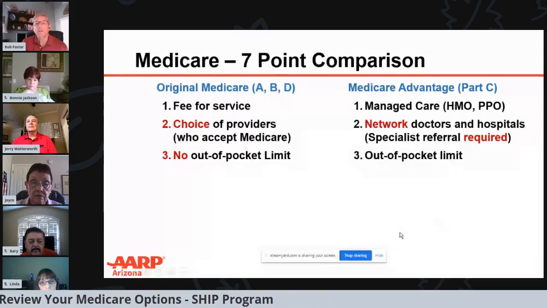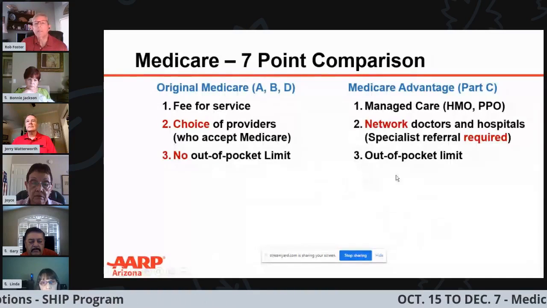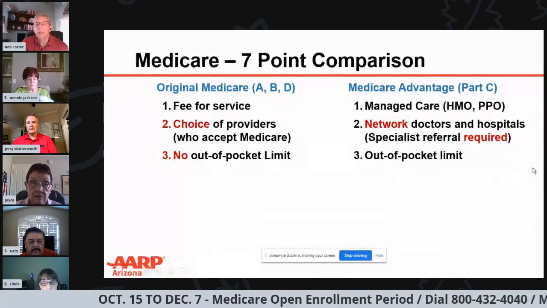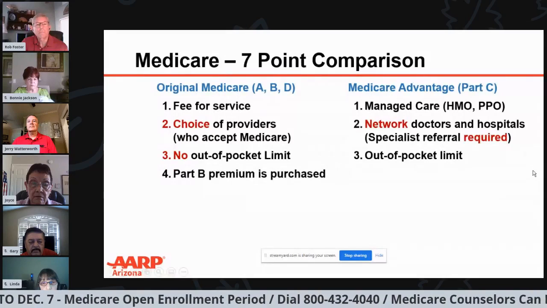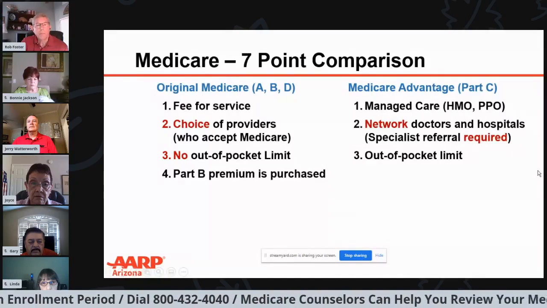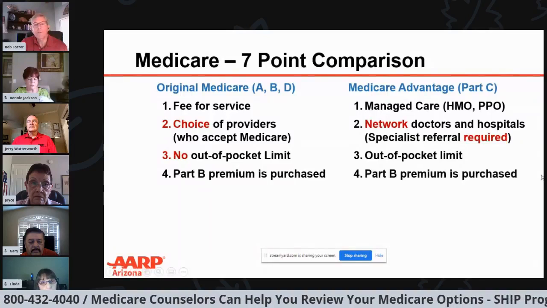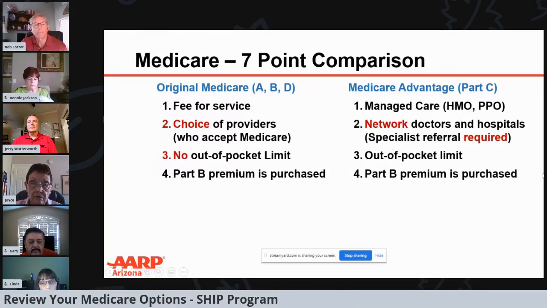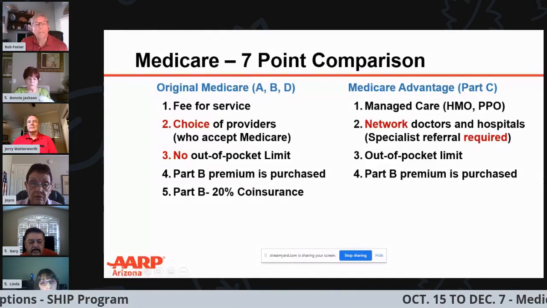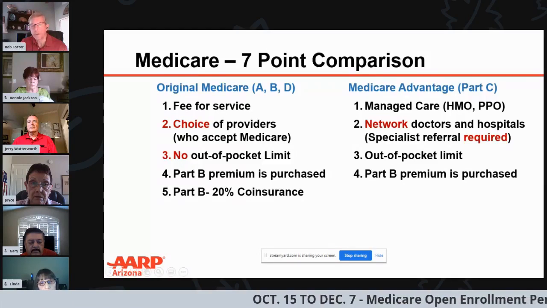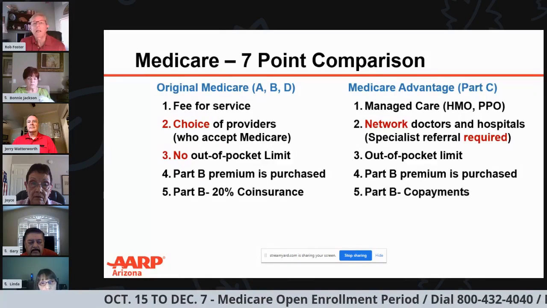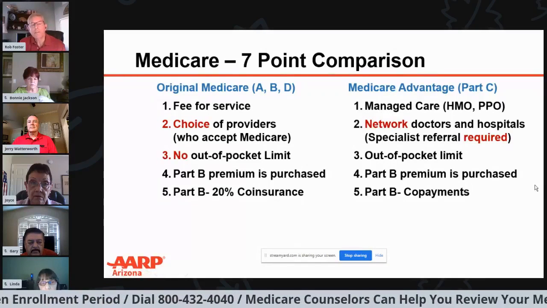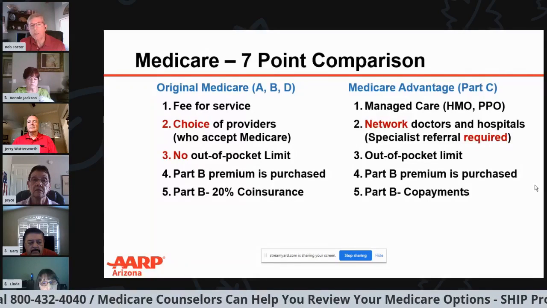With Medicare Advantage, there typically is an out-of-pocket limit, which varies by the provider or the Medicare Advantage plan. Part B premium, as I indicated earlier, is purchased, and the same with Medicare Advantage. Part B has a 20% co-insurance, and Advantage has co-payments. Co-payments are typically less than the 20% co-insurance.